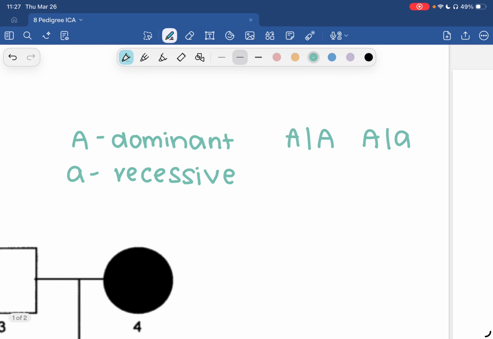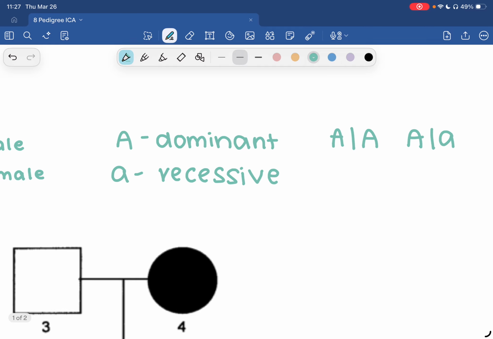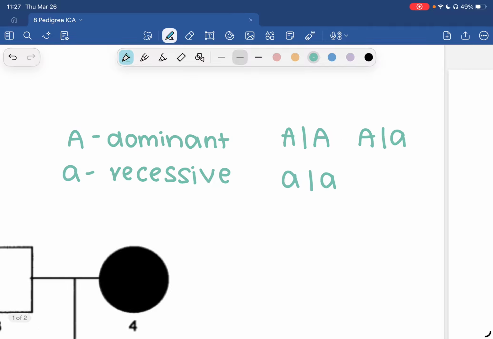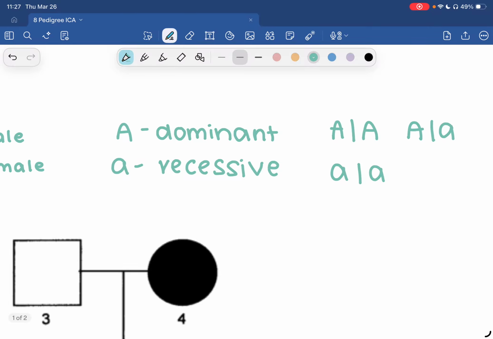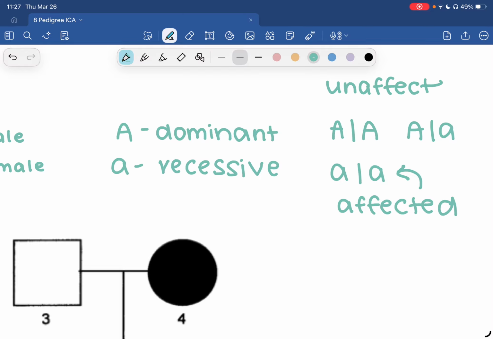They would both be unaffected. However, little a would be the one that's affected because this is a recessive trait. So again, little a would be affected, but these two would be unaffected.